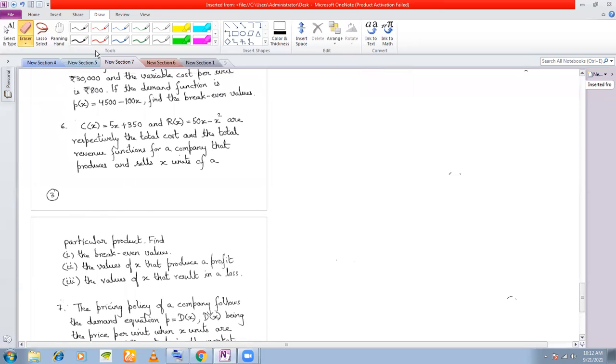Number 6. Given here Cx, the total cost function, and the total revenue function. The company sells x units of a particular product, so output is equal to x.